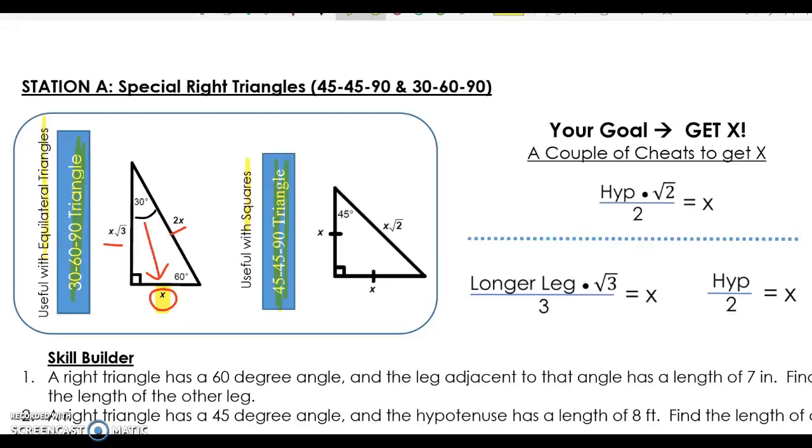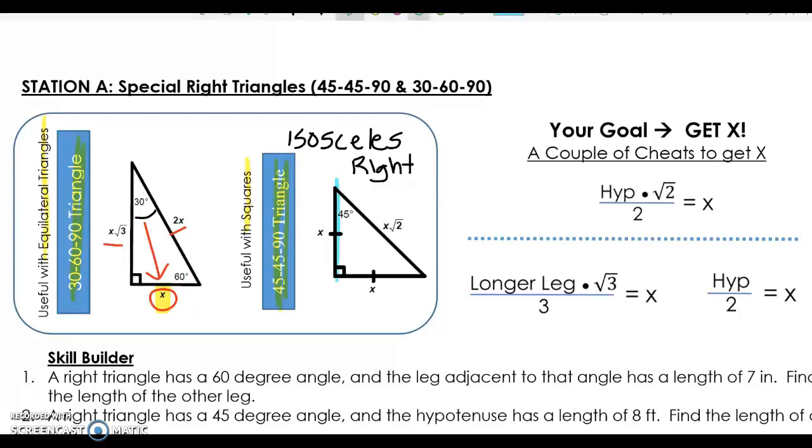For your 45, 45, 90, this is called an isosceles right triangle. And isosceles means that two sides are congruent and the two base angles are congruent. In this case, we do have two sides congruent.